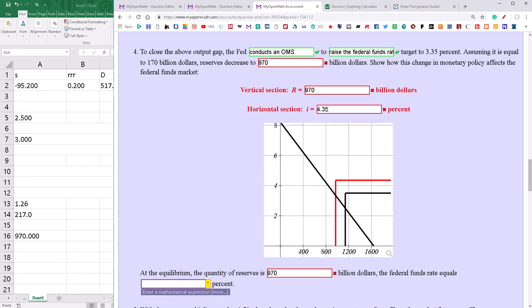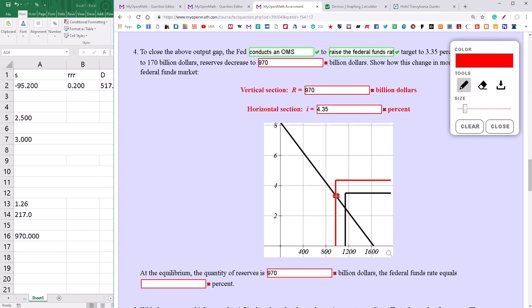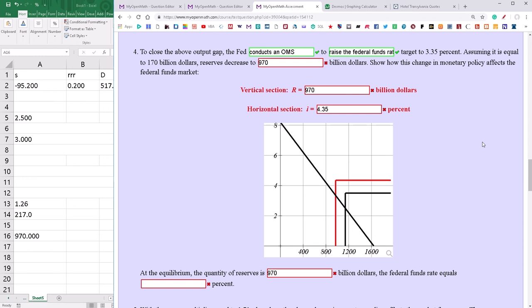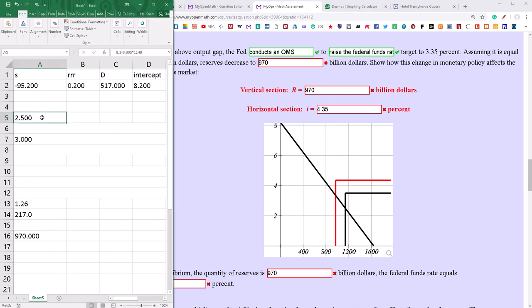Okay. What about the federal funds rate in equilibrium? What about the rate right here? We want to know what that is over here, right? What is that value? Well, we're going to plug in that 970 into our reserves demand equation. Okay. And our reserves demand equation was up here, right? When reserves was 1140, the federal funds rate was 2.5.